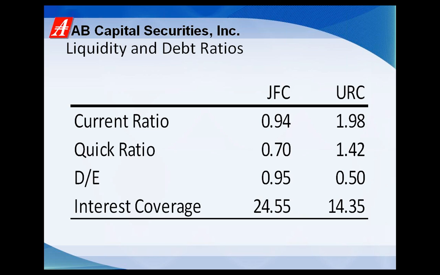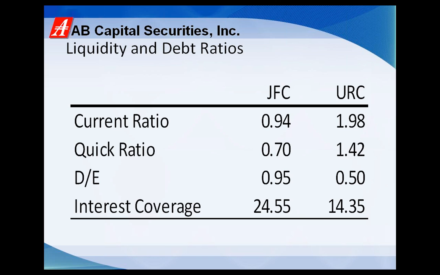In this example, you will see that URC obviously has a better balance sheet and better ability in terms of meeting obligations due within the year, with the current ratio of almost 2 times compared to Jollibee, which is roughly around 1 time the current ratio. The same could be said in terms of URC's quick ratio. So URC can meet obligations 2 times better than that of Jollibee, based on this example.